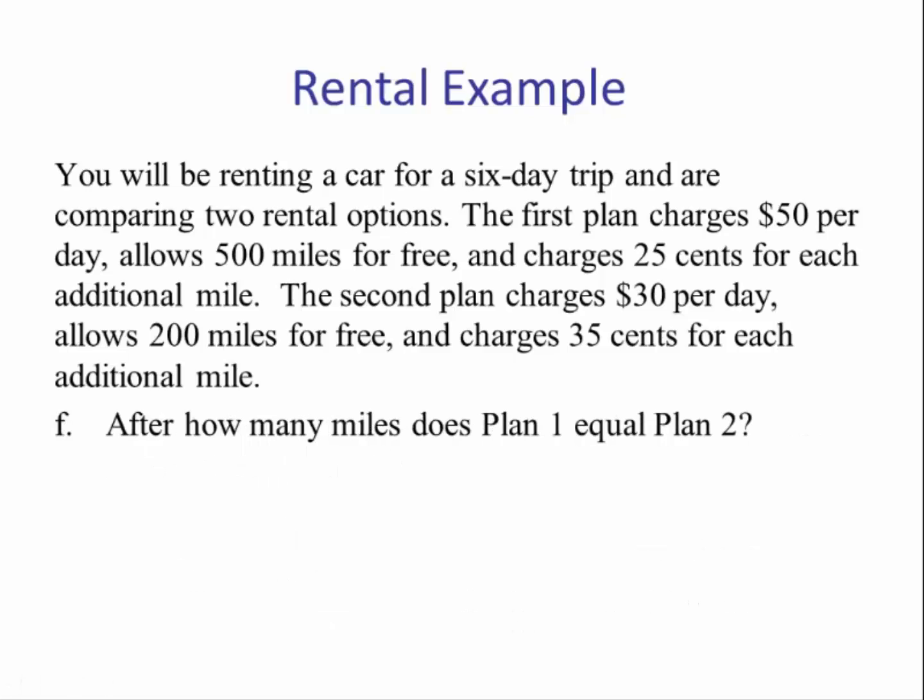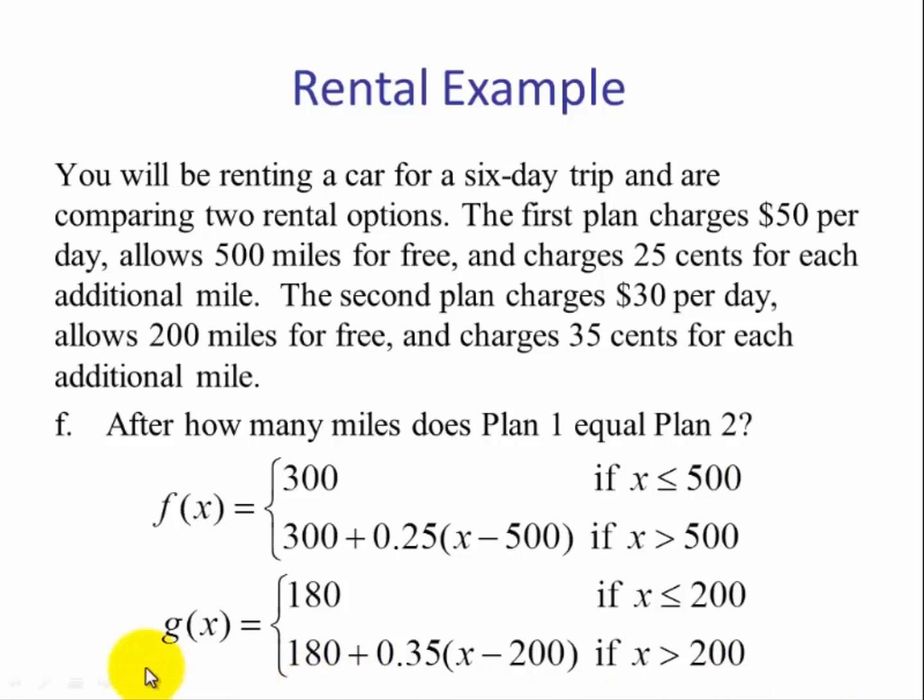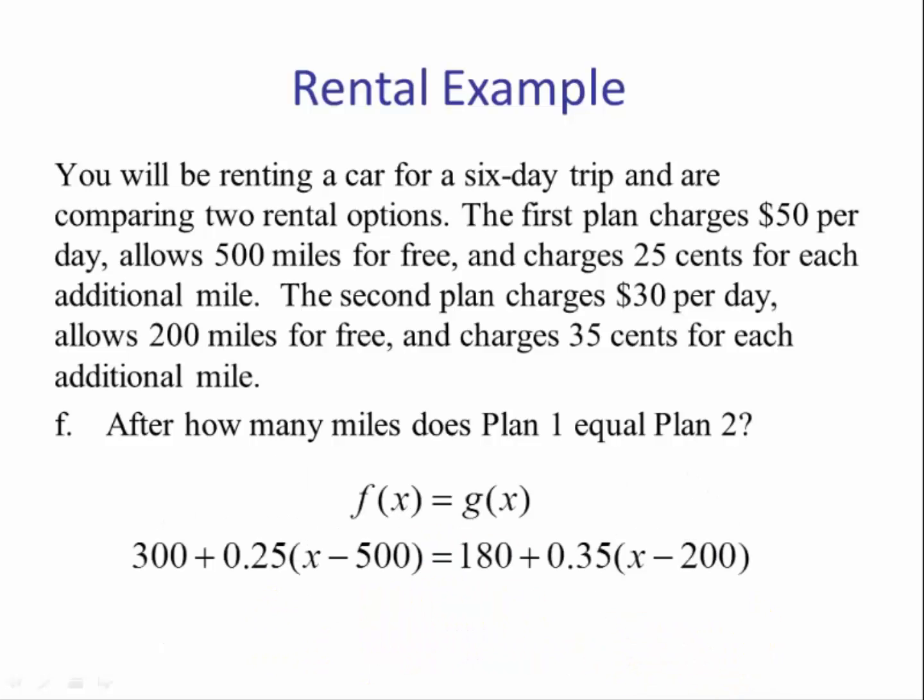F. After how many miles does plan 1 equal plan 2? So we have our two piecewise functions here, and we want to know when F is equal to G. So if we look at F equal to G, we have this equation equal to this equation, and we're going to solve for x.